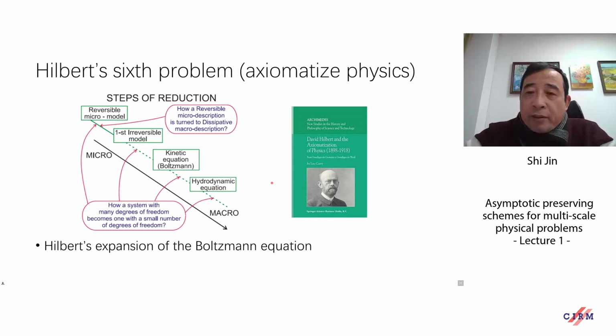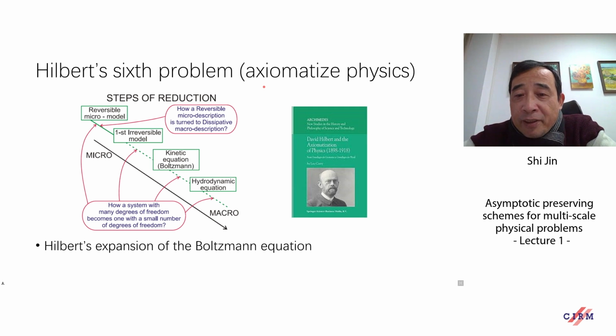Of course, this rigorous connection is not new, right? Already in the famous address by David Hilbert at the International Congress of Mathematicians in the year 1900, what I just mentioned is what's now known as Hilbert's sixth problem. Essentially, what he wanted to do is axiomatize physics.